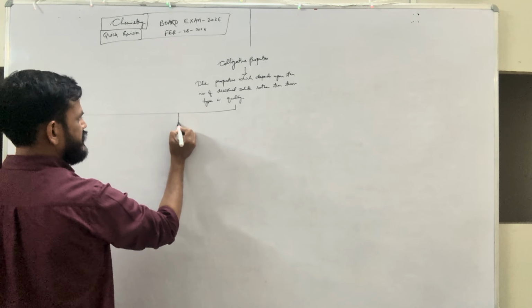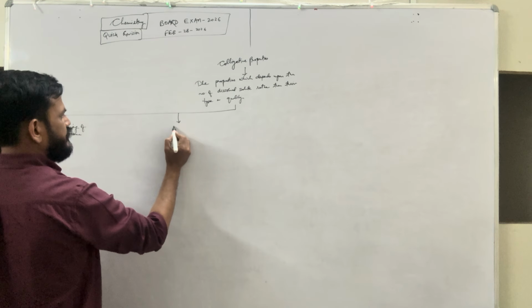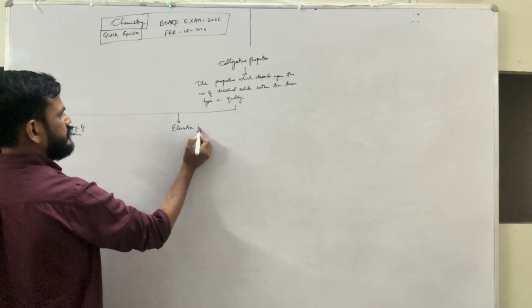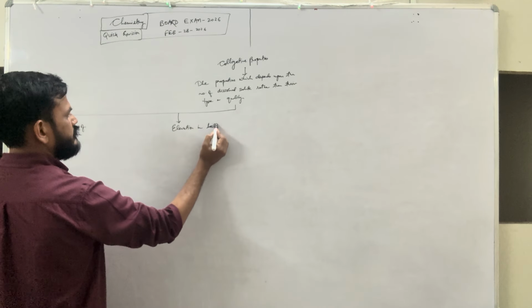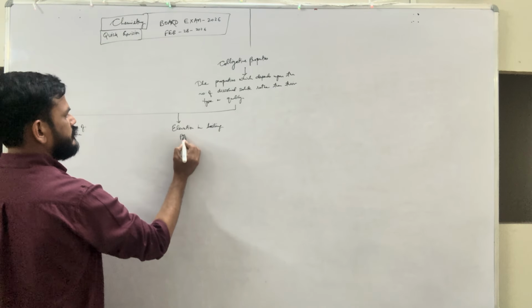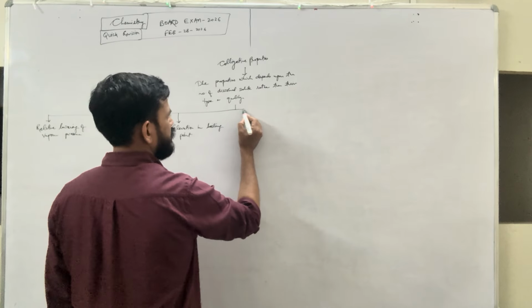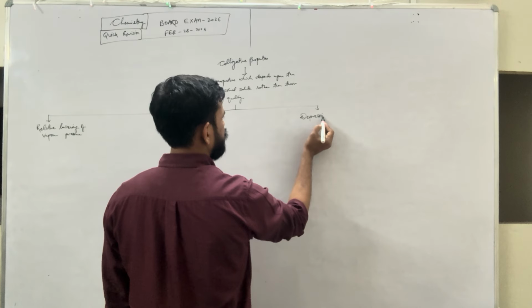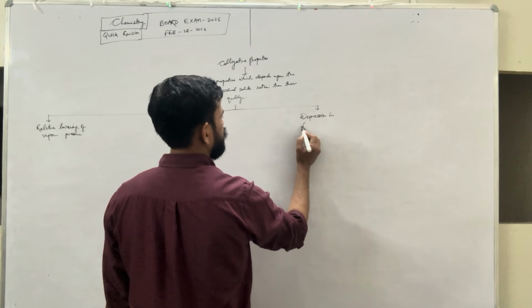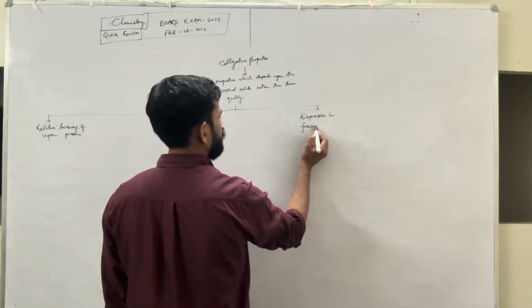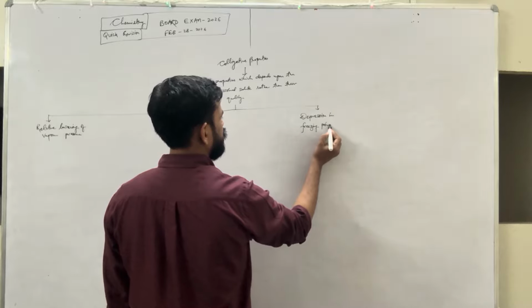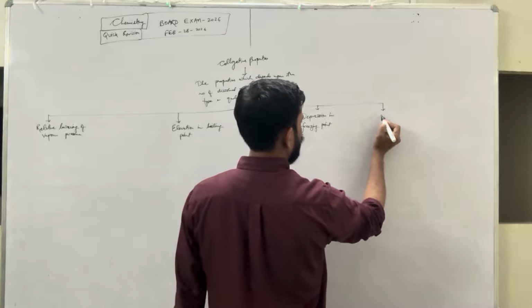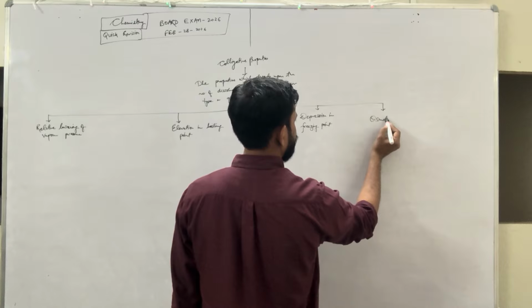The second one is elevation in boiling point. Third is depression in freezing point. Fourth is osmotic pressure.